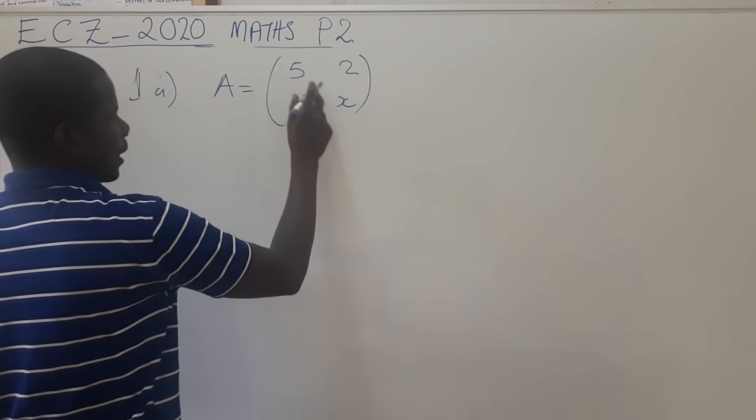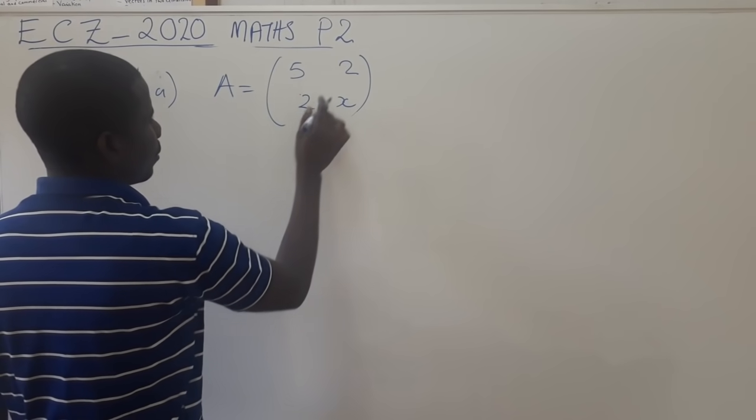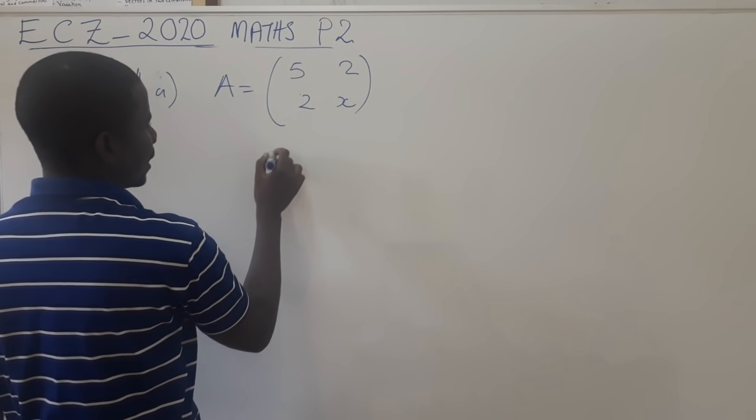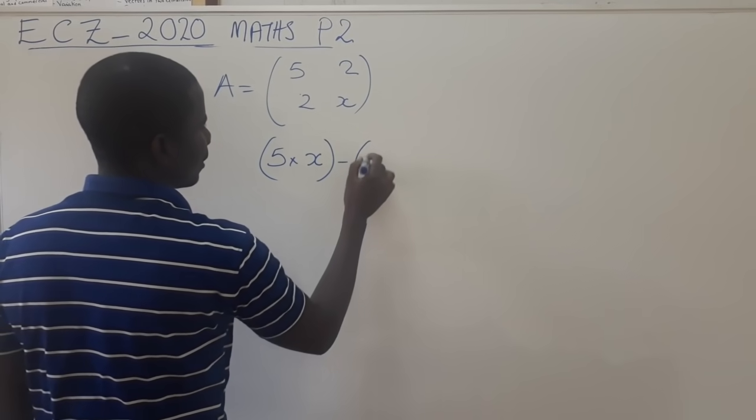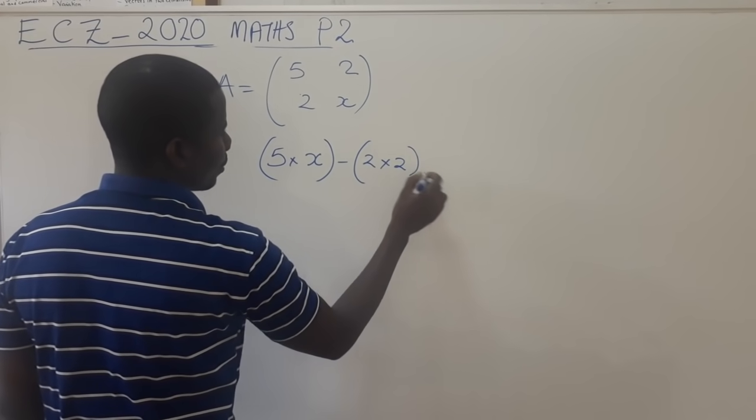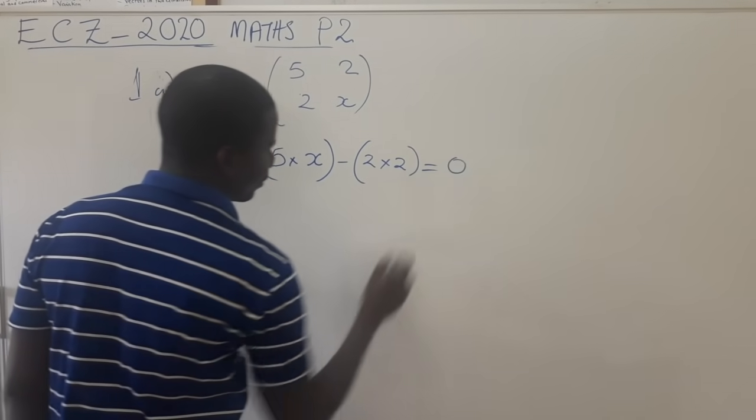How do we find the determinant? We multiply the two elements in the major diagonal: 5 multiplied by x, minus 2 multiplied by 2. This must be equated to 0.